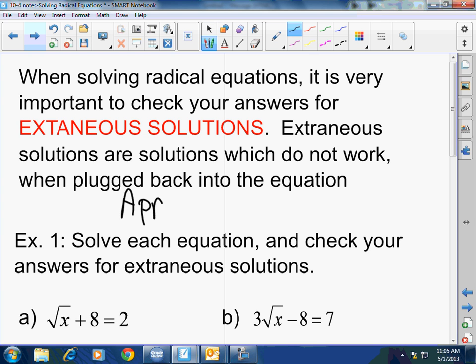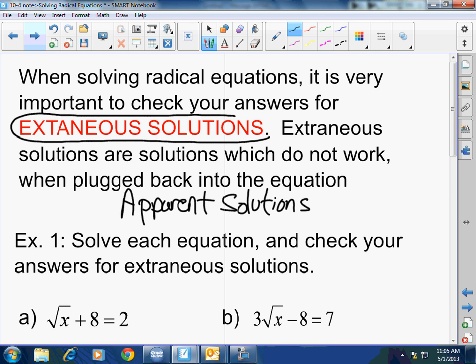But these apparent solutions must be tested. If they work in the original equation, then they are real solutions. If they do not work, then they are extraneous solutions. So no matter what, regardless of how easy it is, you always have to plug your apparent solutions back into the original equation.